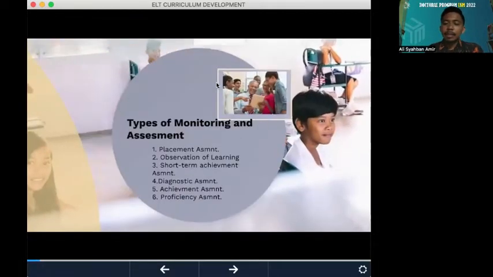In this chapter, there are 6 types of monitoring and assessment. Those are placement assessment, observation of learning, short-term achievement assessment, diagnostic assessment, achievement assessment, and the last is proficiency assessment.